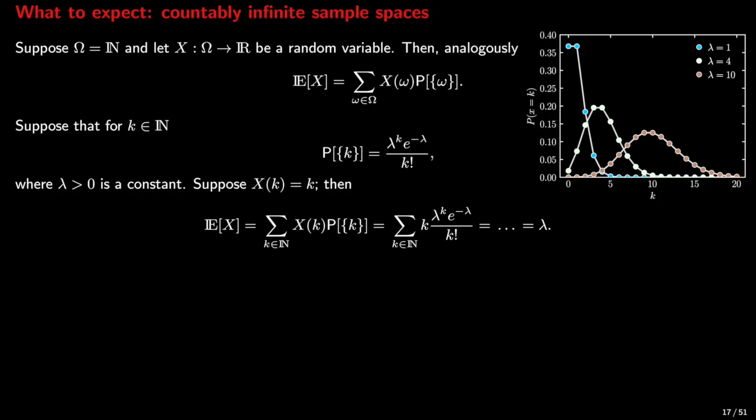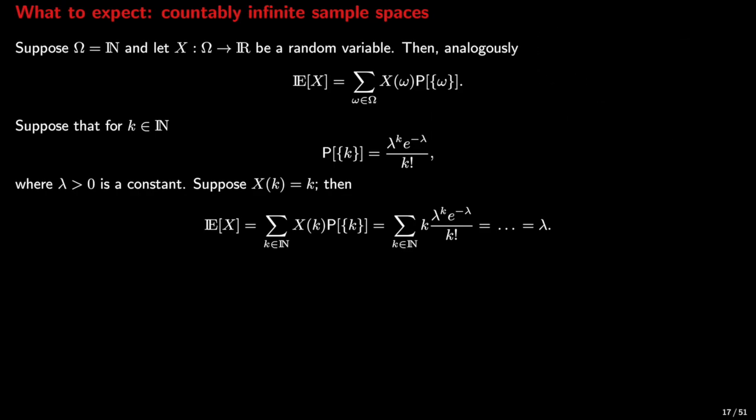You can confirm for yourselves that the probability of the set N is equal to 1, or in other words, the sum of all these probabilities sums up to 1. Here lambda is a positive constant. Suppose that the outcome x of k is equal to k.